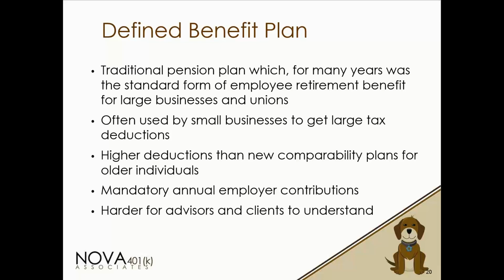And that mandatory annual employer contribution is due on September 15th. So for my clients that sponsored pension plans in 2020, last week, September 15th, was the very last day to fund the plan for 2020.